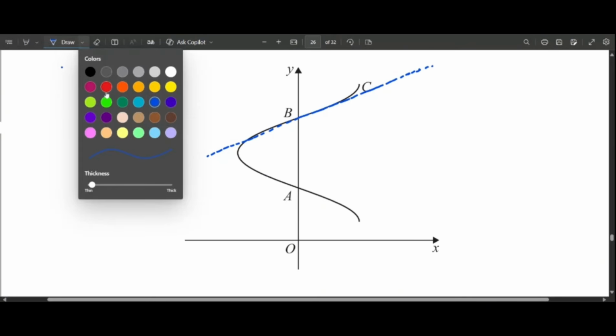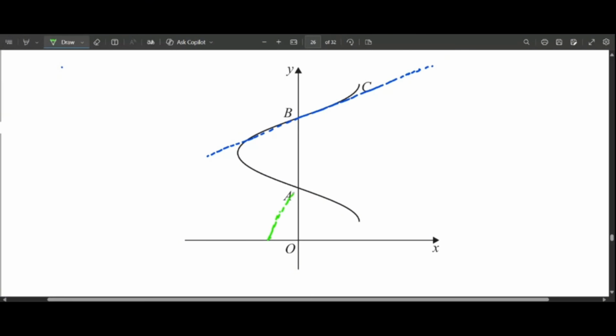The question also says that there is a normal at point A. So this is the normal at point A. And the question says that the intersection point of these two different lines is what is called D, and we have to find the x coordinate of the intersection point for these two different lines.